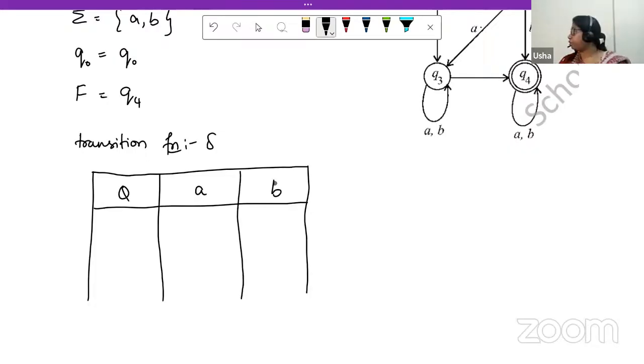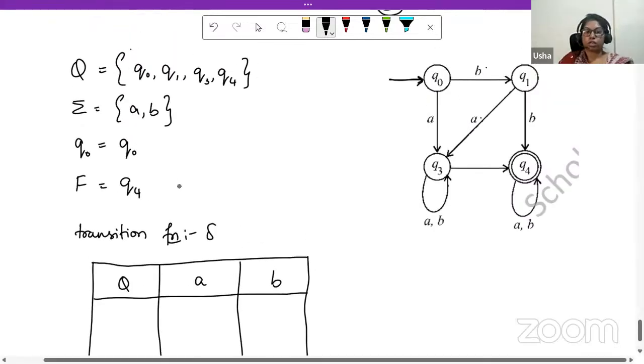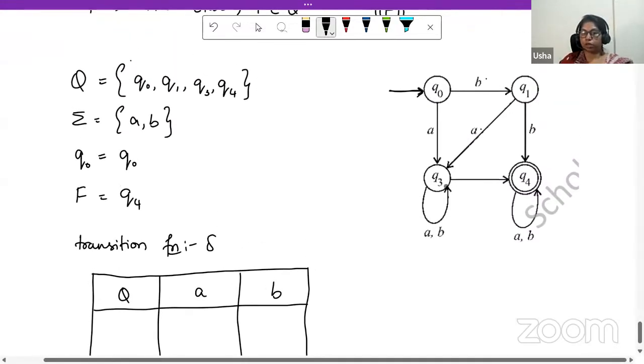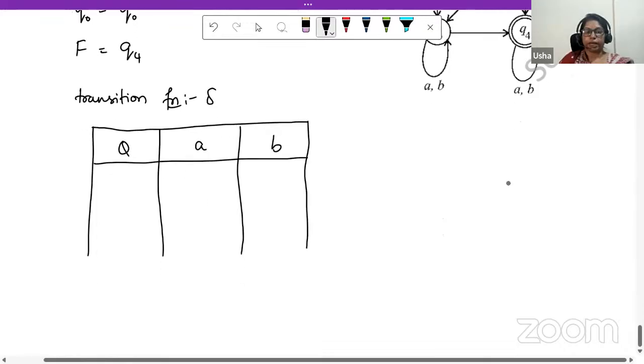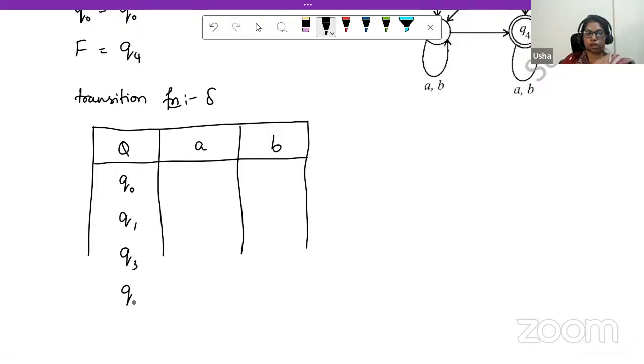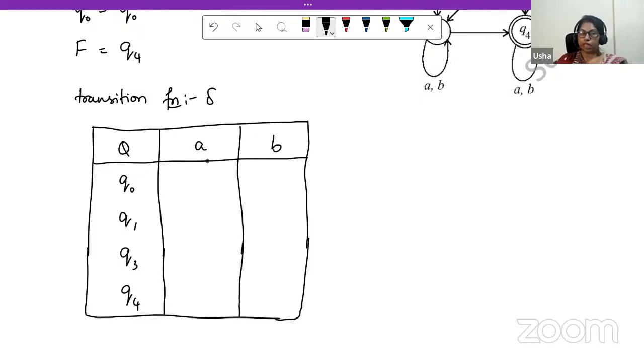Okay. Start from the first state. What all states we have? Q0, Q1, Q3, Q4. Write all the four here. You just have to write from Q0, if input is A, to which state it will go.